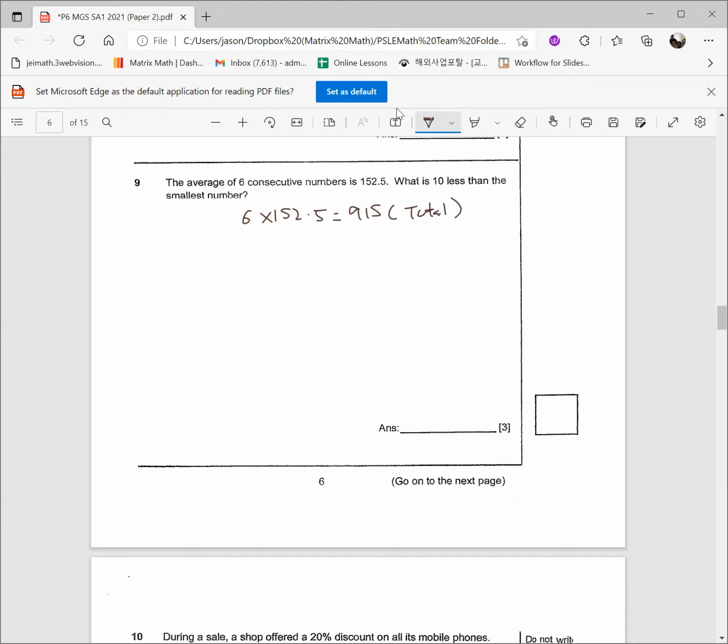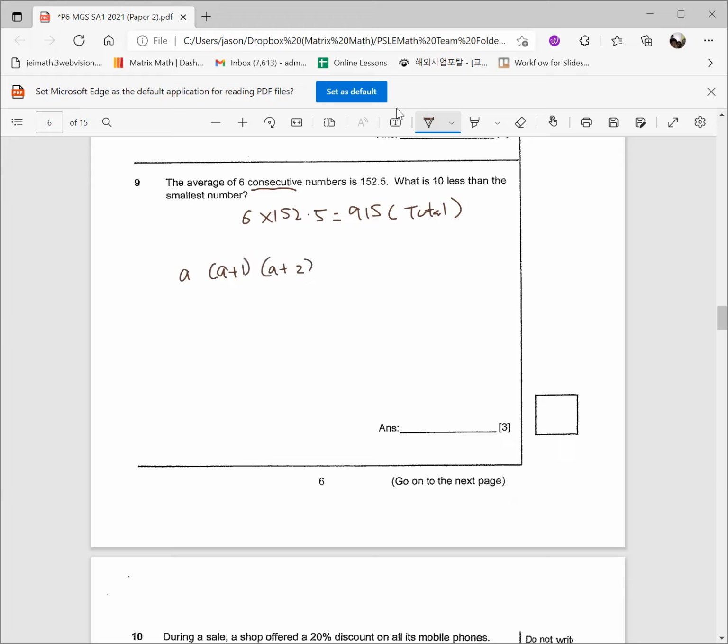Okay. So when it says consecutive, it means 1, 2, 3, 4, 5 is consecutive. 3, 4, 5, 6, 7, 8, 9, 10, 11, 12. These are consecutive. So if we let the first number be A, then the next number will be A plus 1. The next number will be A plus 2, and so on, right?